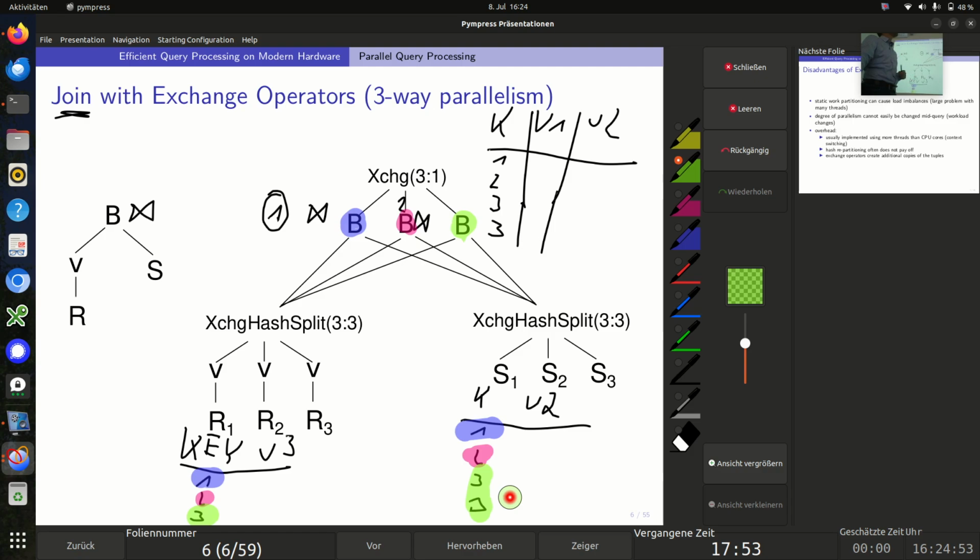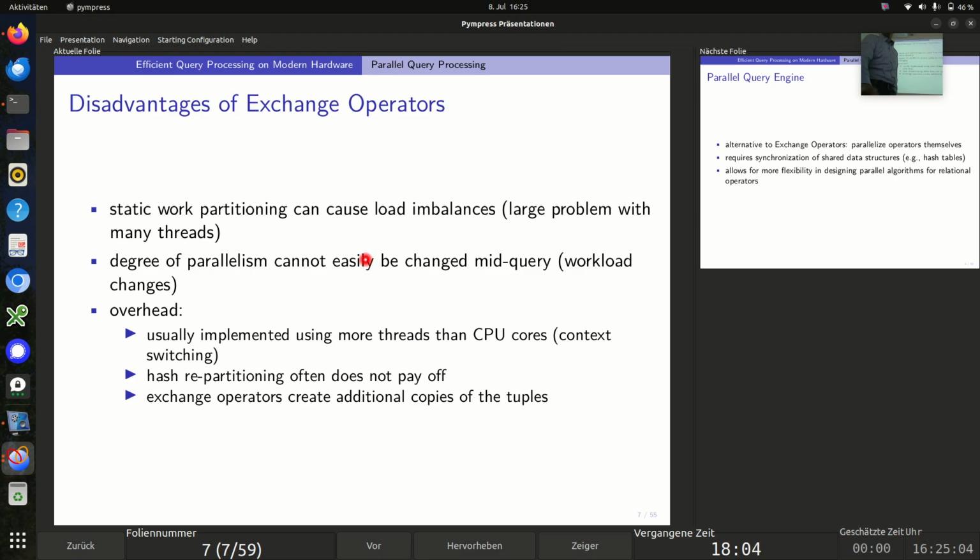This is traditional parallelism in a volcano model, the classical query execution approach. Okay, what are the disadvantages? Static work partitioning can cause load imbalance, because you do not know which keys occur more frequently than others.